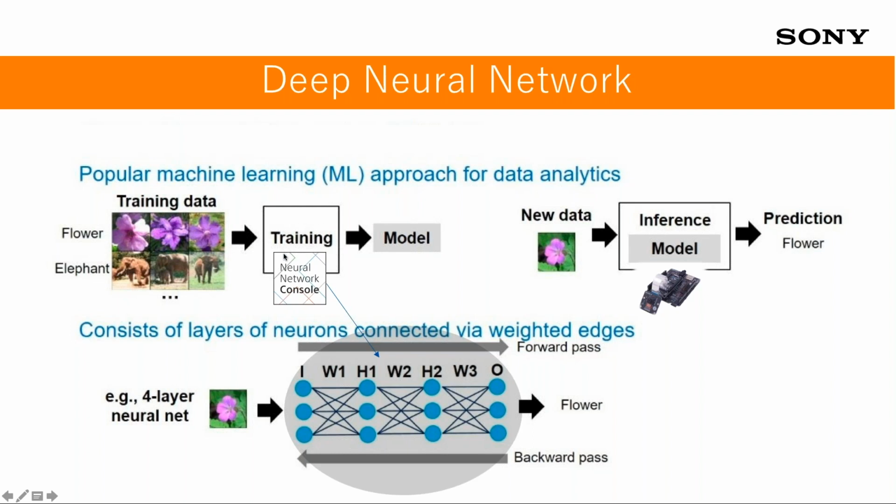Now let's go inside the brain, inside the training, and see what is happening inside the brain. For this one, I have the flower going in. This is the input data, and the output is supposed to tell you this is a flower. What I have in the middle is the neural network. Think of the neural network like the brain.